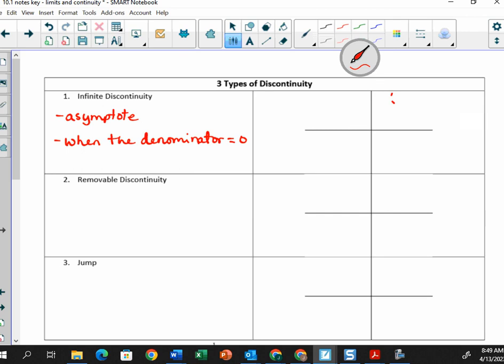It looks like that. You know what asymptotes are.